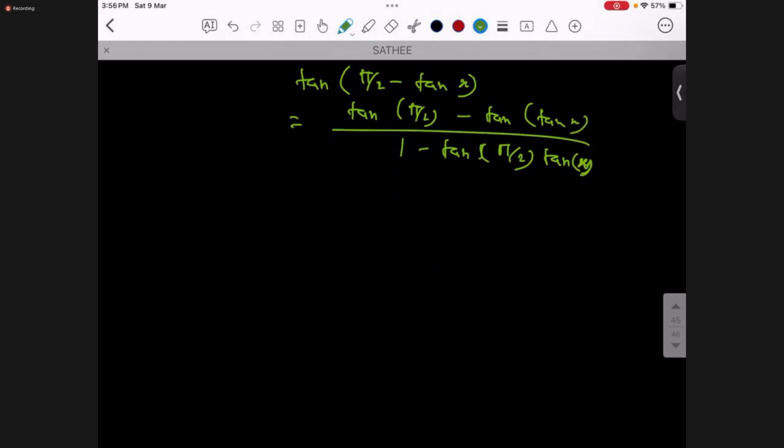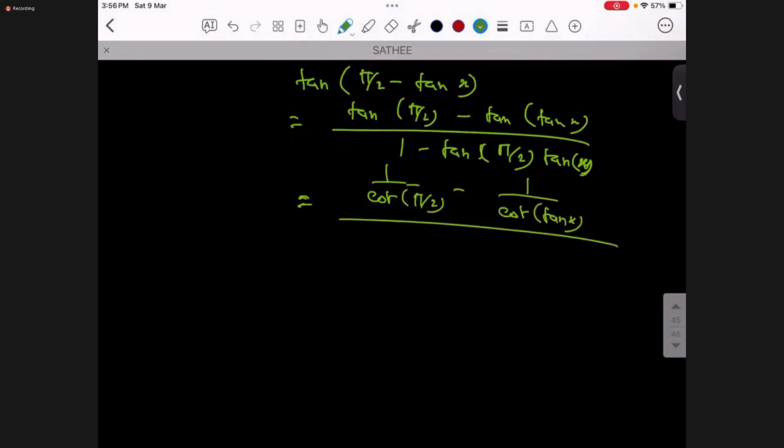So that's why we will replace this tan pi by 2 by 1 by cot pi by 2. This will give us 1 by cot of tan x divided by 1 minus 1 by cot pi by 2 times cot of tan x.